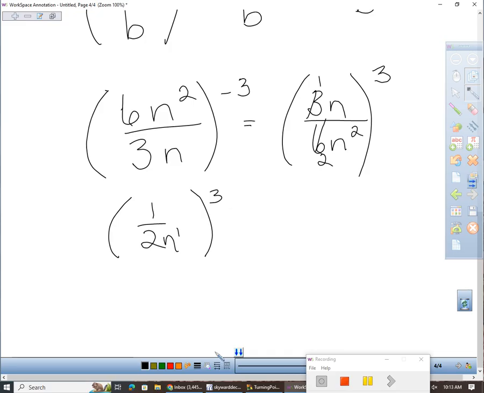Okay, then we're going to distribute that 3 to everything on the inside. So we get 1 to the third, 2 to the third, n to the third. Remember, an exponent raised to an exponent, we multiply our exponents, right? All right, on the top, 1 times 1 times 1 is 1. On the bottom, 2 times 2 times 2, 8. We have n to the third.